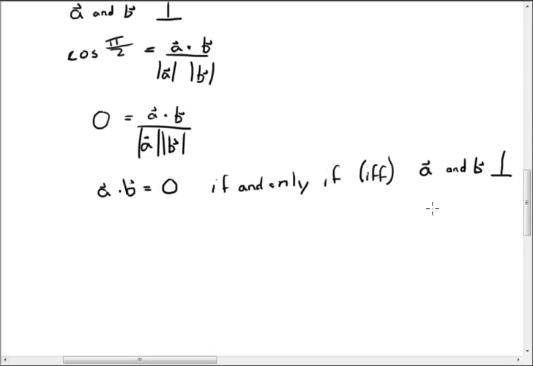They may use another word like orthogonal or normal, and they mean essentially the same thing. They meet at right angles. So if you have a dot product that's equal to 0, then the two vectors are perpendicular.